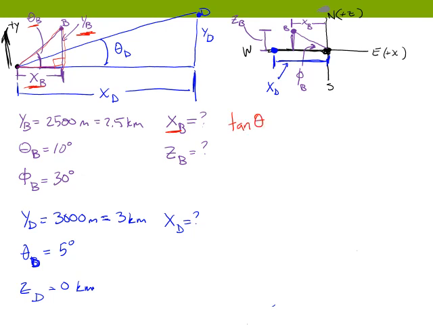And I can write down this relationship. My tangent of my angle with respect to the horizon is equal to my altitude divided by my x component. By rearranging those, I get that the x component then is just my altitude divided by the tangent of my angle with respect to the horizon.